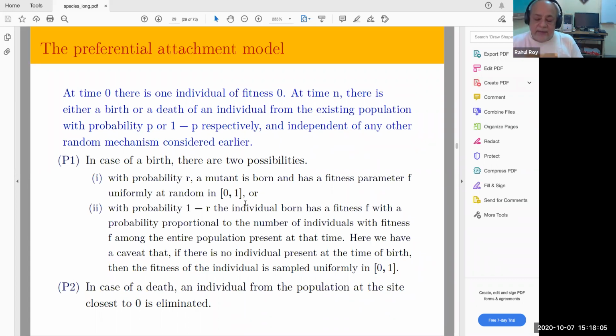It chooses the existing fitness proportional to the size of the population at that fitness level. So with the probability proportional to the number of individuals with fitness F among the entire population present at that time. So it is a preferential attachment.